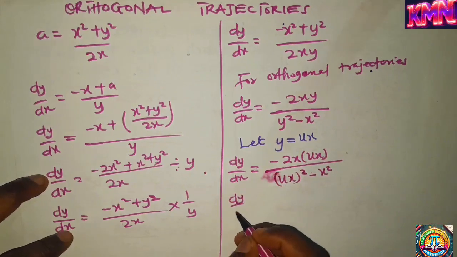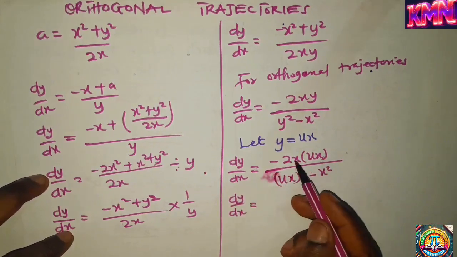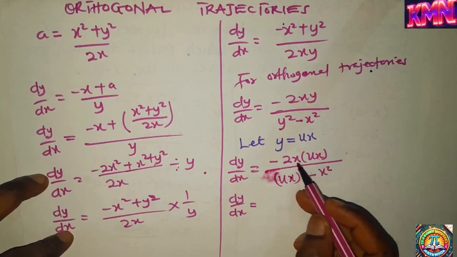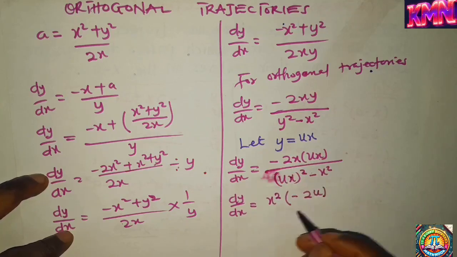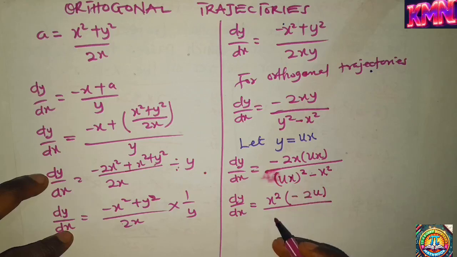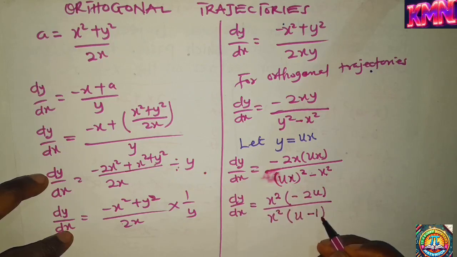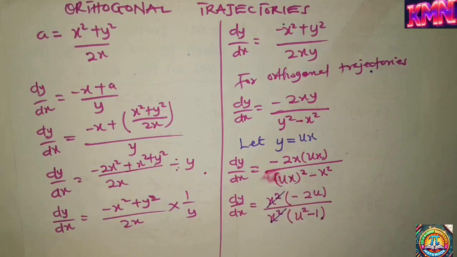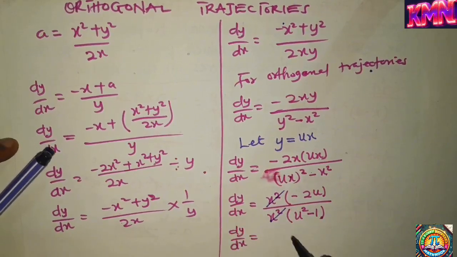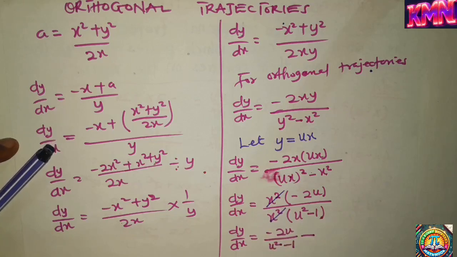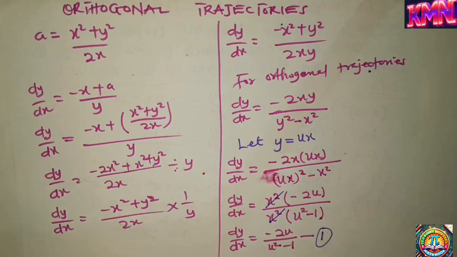So our dy/dx becomes, now when you factor the x out, x by x will give us x squared, negative 2u on, and we can factor x squared out, and we have u squared minus 1. So we cancel x squared, and dy/dx becomes negative 2u on u squared minus 1. Let's label this as equation 1.